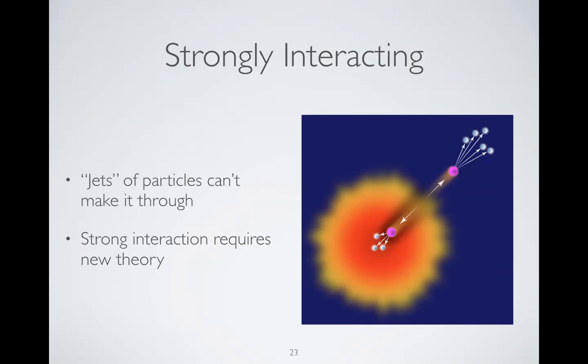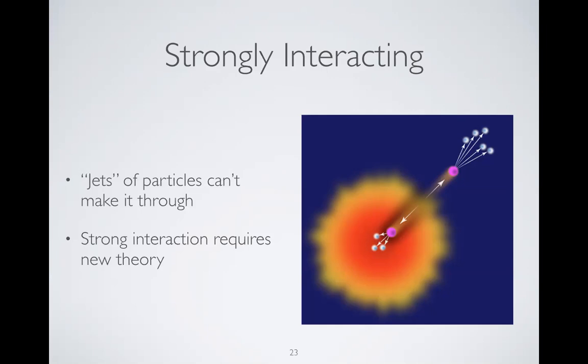So if you happen to produce a jet, there are going to be hard collisions between quarks when you have these heavy ion collisions. If you happen to produce one near the edge of that fireball, then one side of that jet is just going to go straight out to the detectors, but the other one would have to go through the plasma to reach the detectors. We mostly don't see that other one because it's trying to get through a strongly interacting liquid.